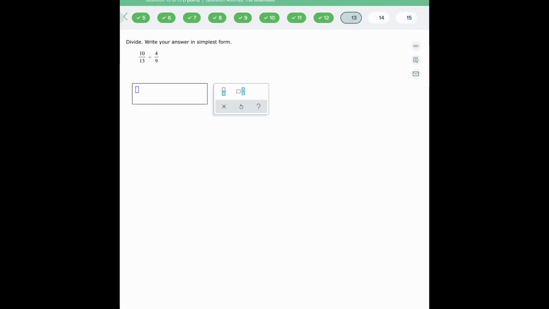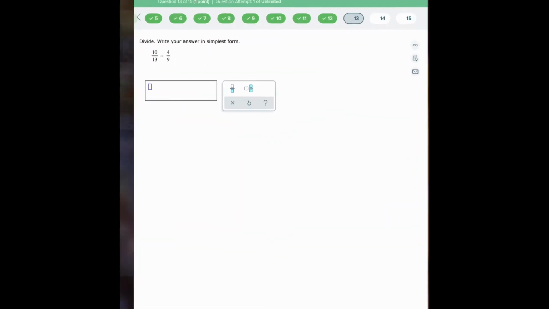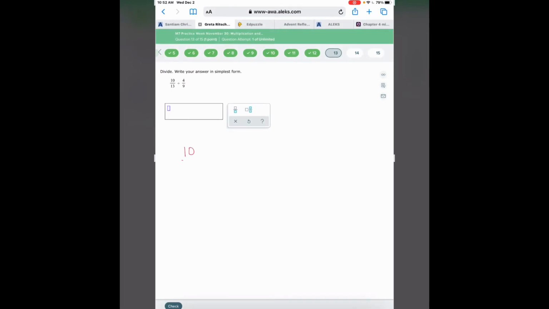All right, now I'm going to do, oops. No. There we go. 10/13 divided by 4/9 means we're going to times 9/4. We need the reciprocal. So do that carefully. Don't try to do these in your head. Please be writing them in your math notebook. 10/13 divided by 4/9 is the same as 10/13 times 9/4.